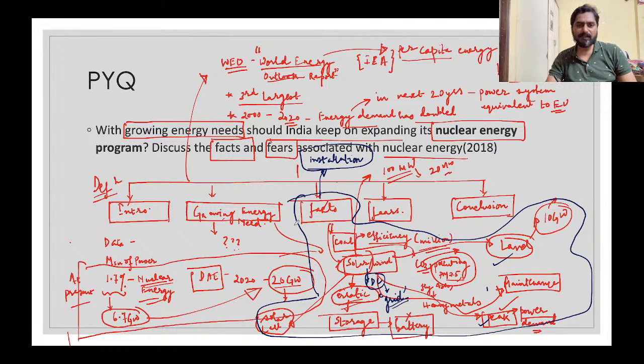So we have seen the facts, we have seen the fears, and for growing energy needs, we have seen this report. You can use the Niti Aayog report also with respect to growing energy needs. Niti Aayog keeps coming with reports with respect to India's energy need, so you can refer to that also.